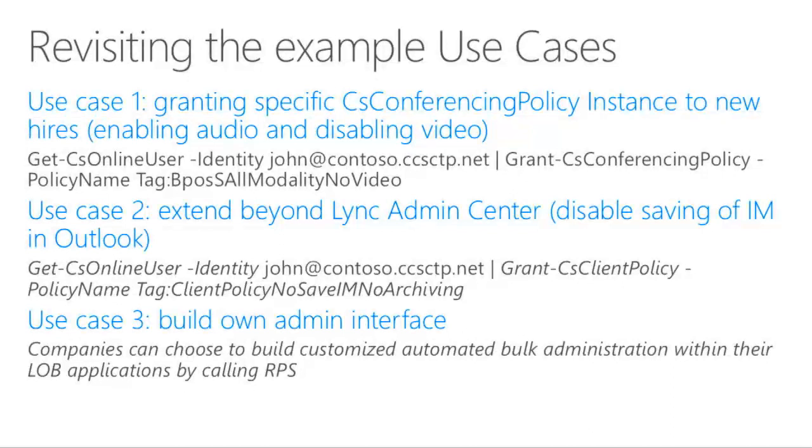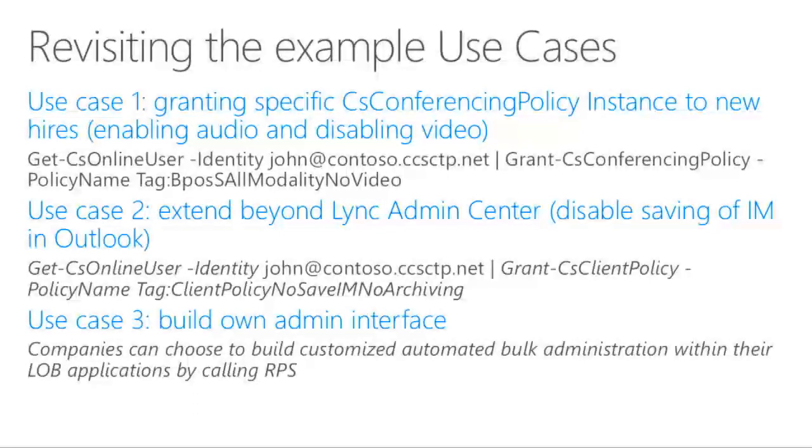And building your own admin interface. Actually, Barry has a really cool script demo that he created. It shows the power of PowerShell, right? It shows how you can have various environments like AD, Exchange, and Lync all managed through one window, and you can actually build a menu kind of interface to do that.